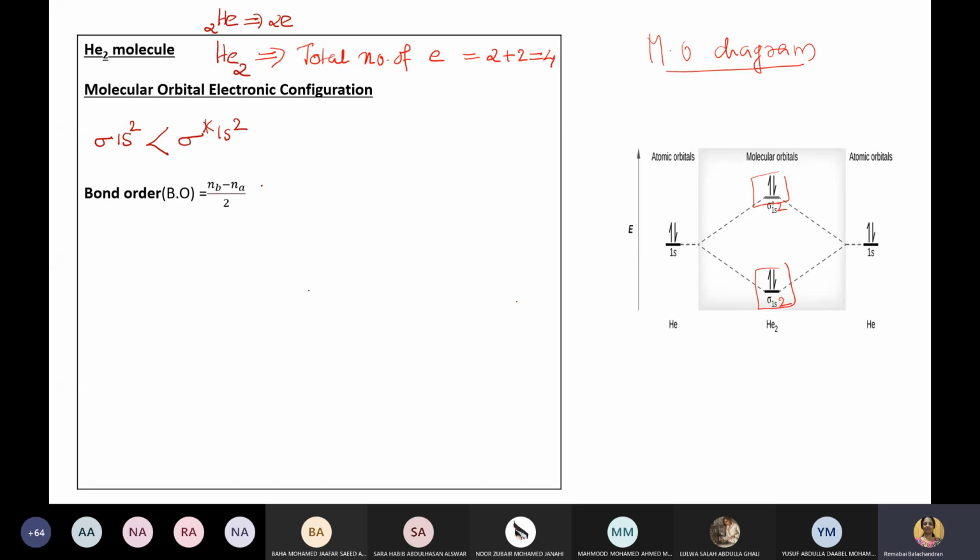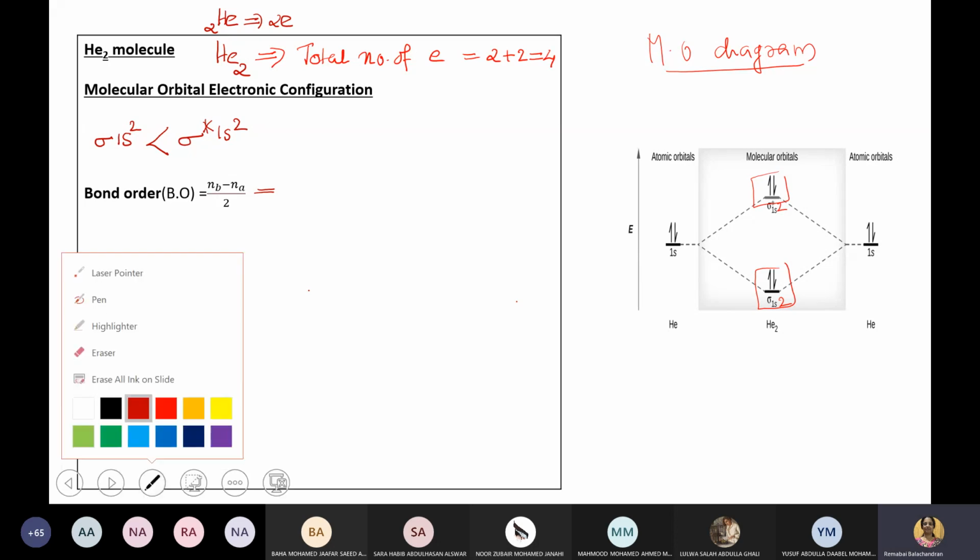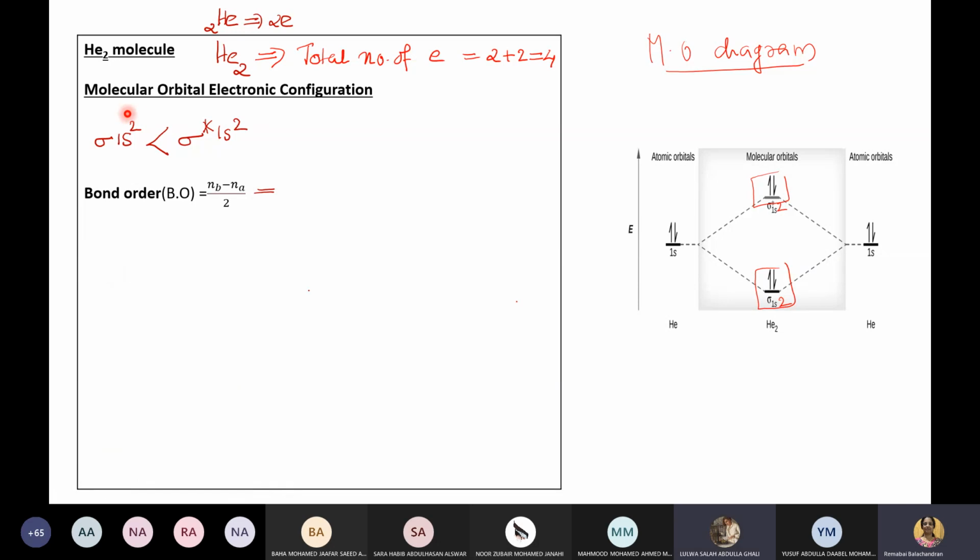So now bond order is equal to Nb minus Na over 2. How many bonding electrons are here? Bonding means without star, anti-bonding means with star. This is the bonding electron, this is anti-bonding.